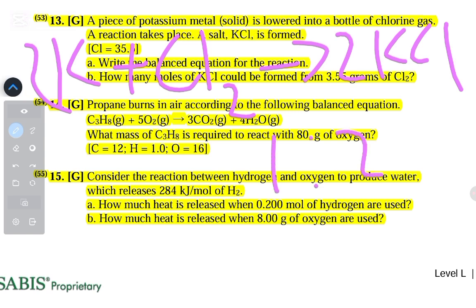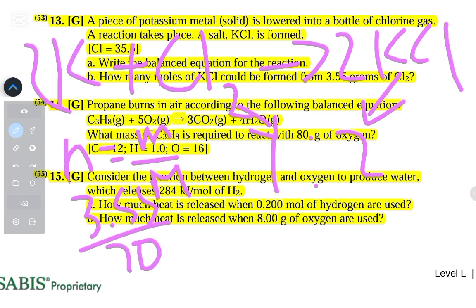Easy, we make 3.55 grams into moles. n is equal to m over M. Chlorine is 35.5, so Cl2 is going to be 71. 3.55 divided by 71 gives you 0.05.